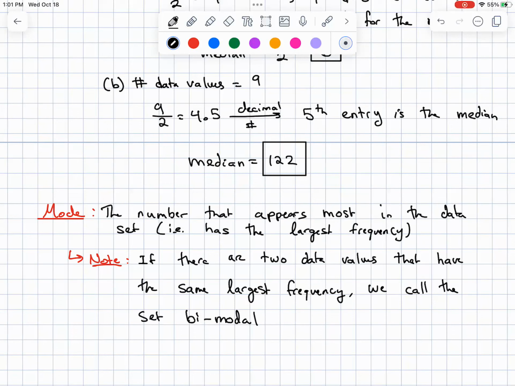What if in a set there isn't? If there's no repeats, excellent question. So this is the next thing. If there are more than that, there is no mode.